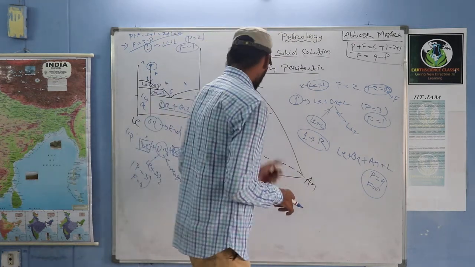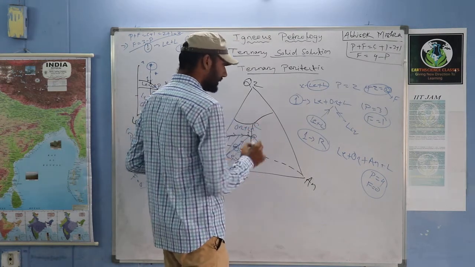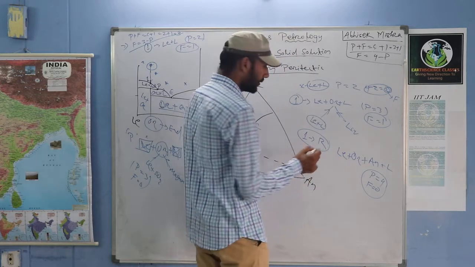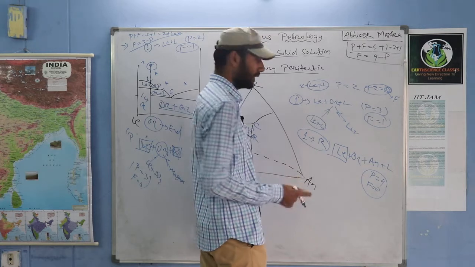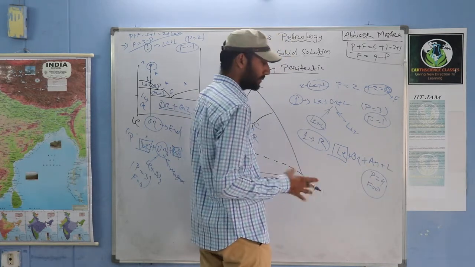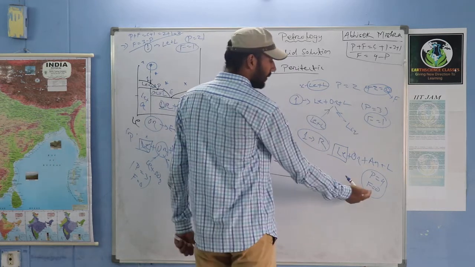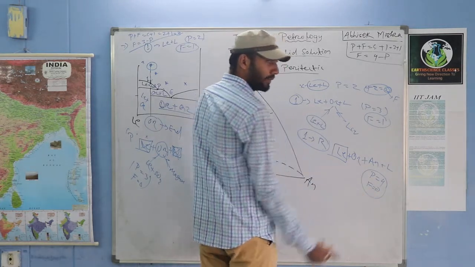Now the magma will move from R further, that means towards C, if leucite is finished. If leucite is finished, then only one of the 4 phases must be finished so that it can move forward. Unless, it will be invariant. If the number of phases is 4, it will be invariant.